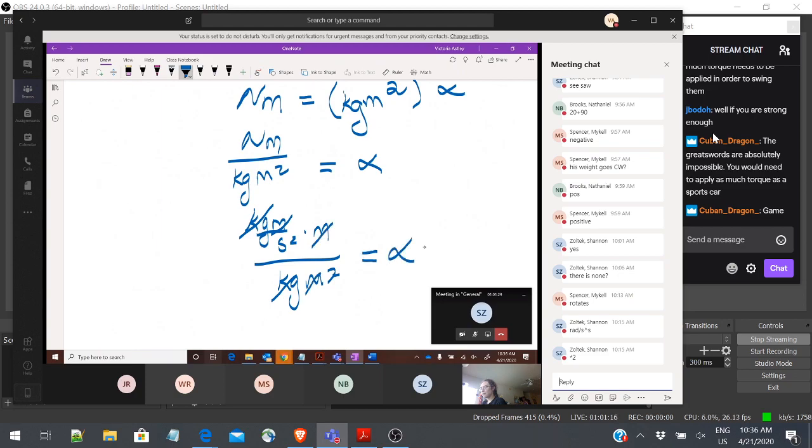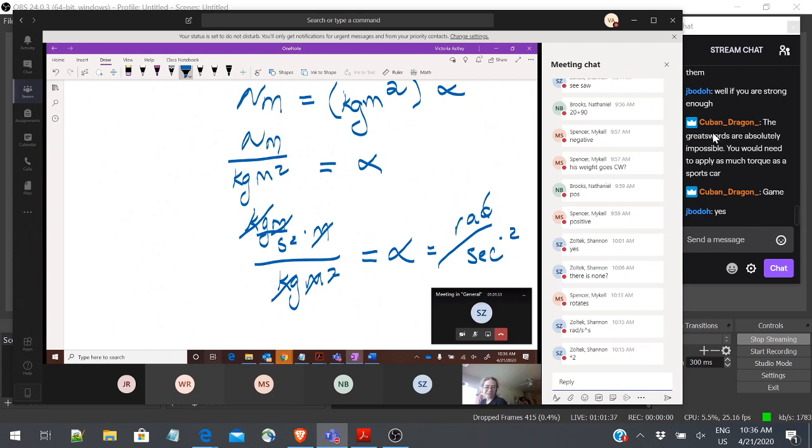I end up with alpha is per second squared, which is why I can stick radians in there, because radians is a magical unit that just appears when I need it. Radians per second squared. Okay. All this making sense? All good? Yep. I know I'm going really fast. We have like 10 minutes left.